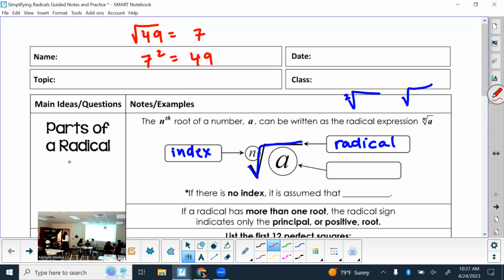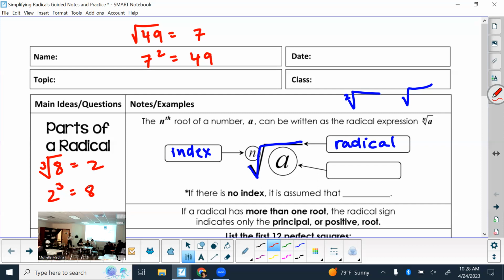So then when we get to cube roots, if I asked you what's the cube root of 8, the answer would be 2. And guess what 2 cubed equals? 2 times 2 times 2? 8. So those would be opposites of each other. So whatever little number there is is called an index.